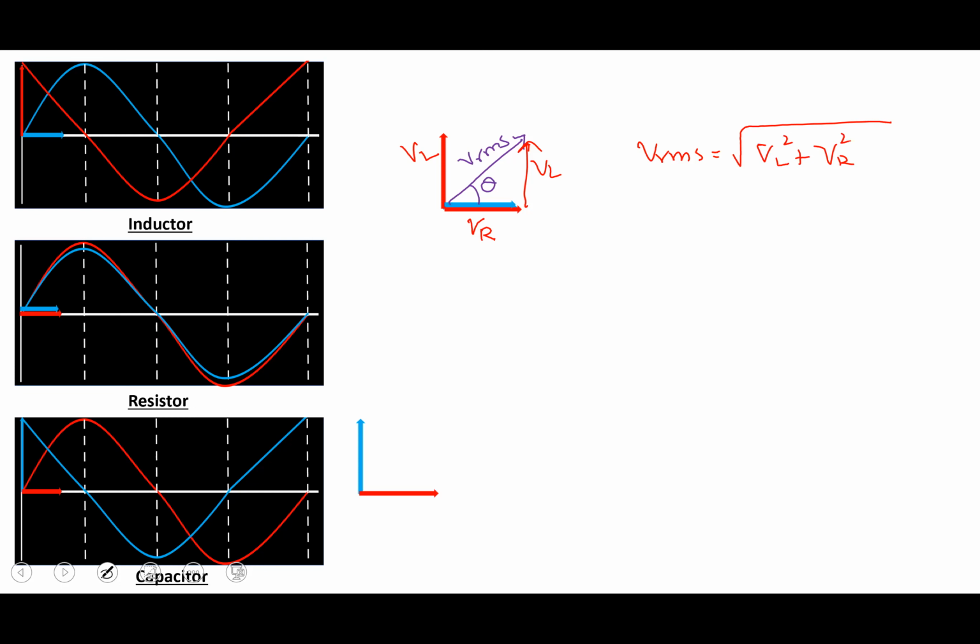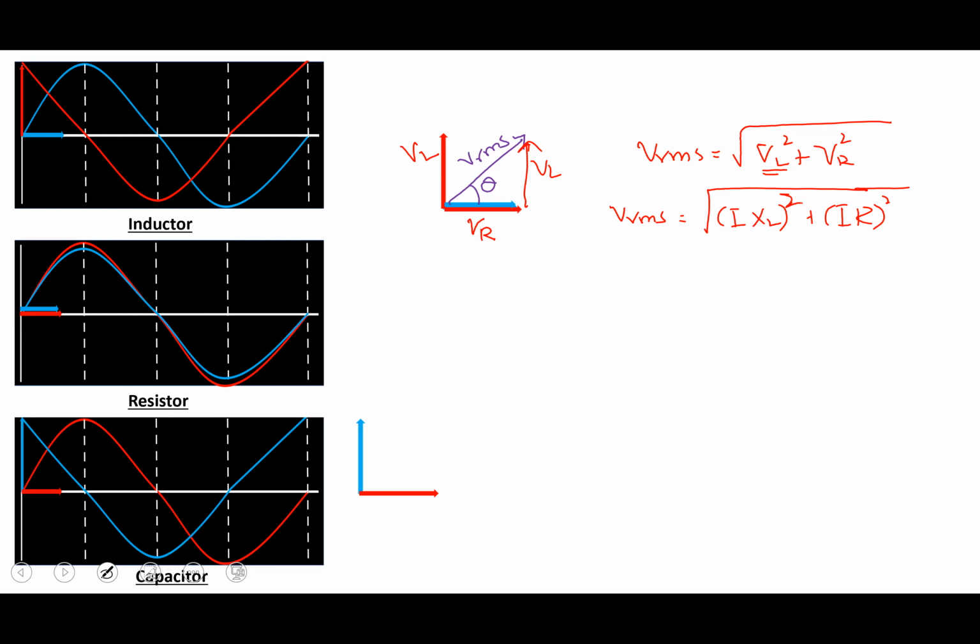We know the values of VL and VR, so VRMS is equal to the square root of I XL whole square plus I R whole square, because we are using Ohm's law in this condition.